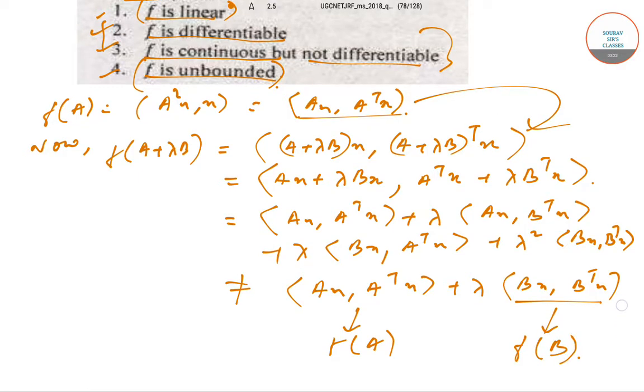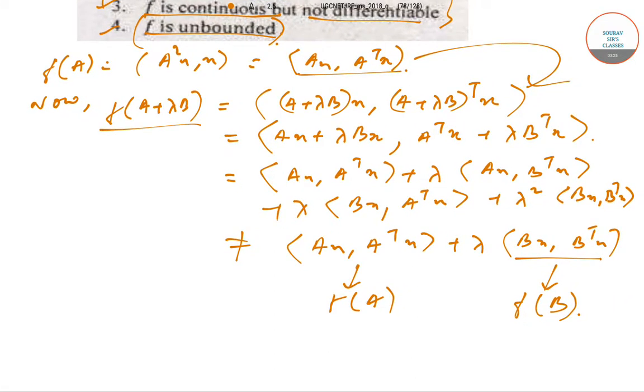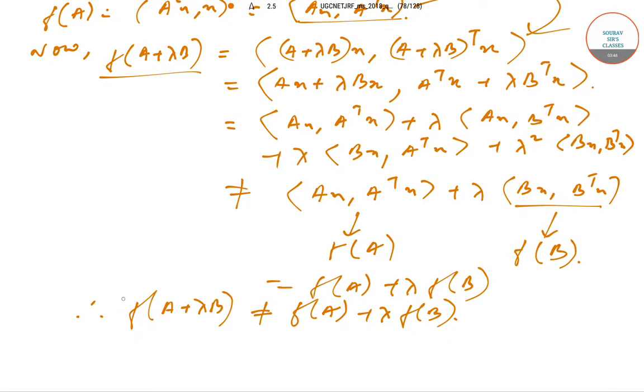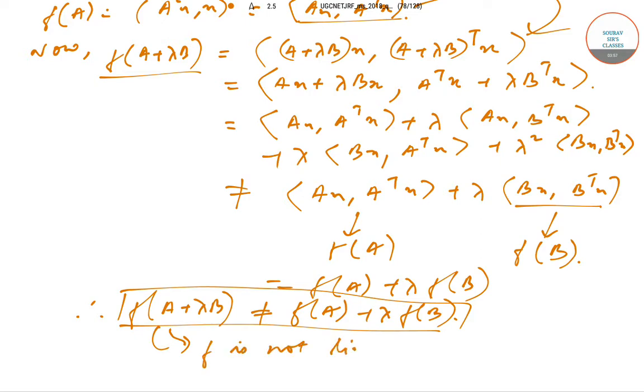So we can definitely write that f of a plus lambda f of b is not equal to f of a plus lambda b. So we can see from this relation that f of a plus lambda b is not equal to f of a plus lambda f of b. Therefore we can say that f is not linear, and this implies that option 1 is false.